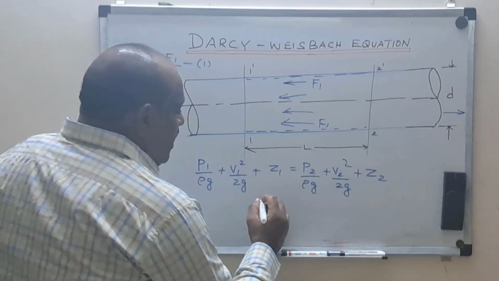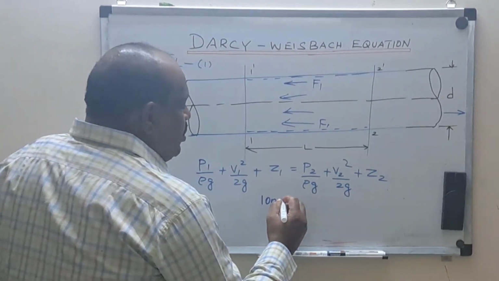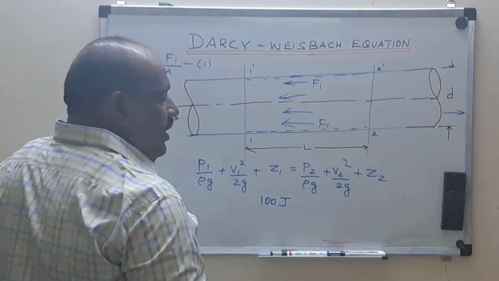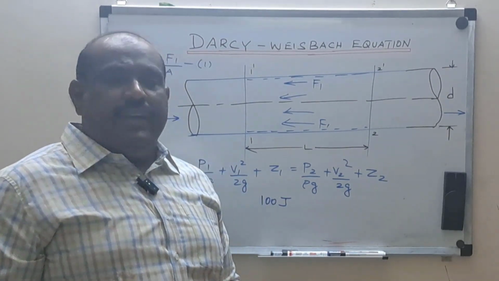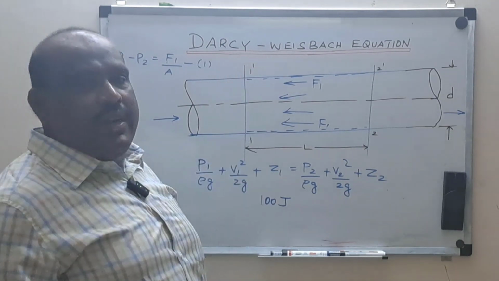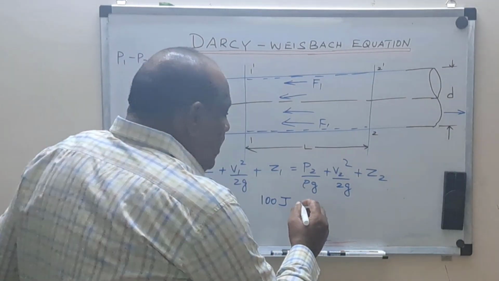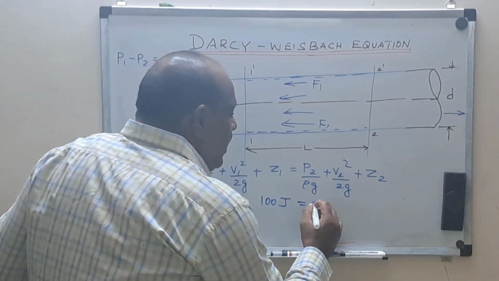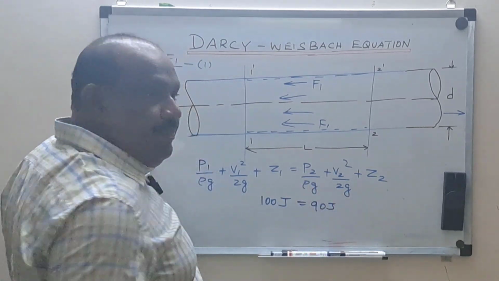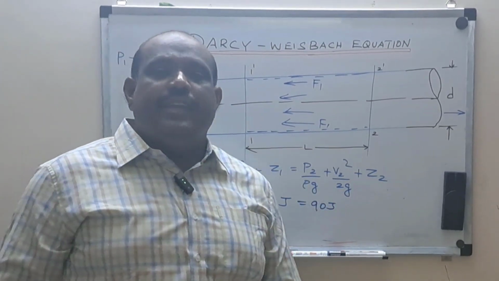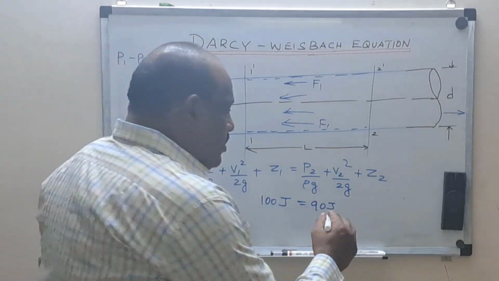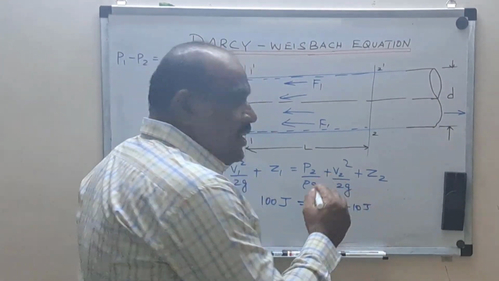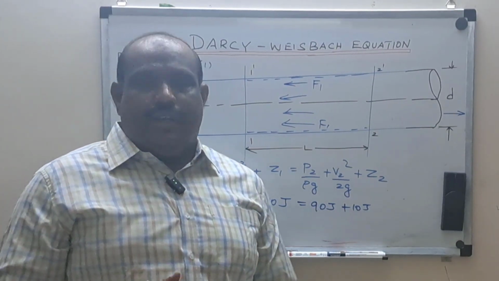If I supply some 100 joules of energy, I am not telling in terms of head, for your understanding I am telling in layman terms. Let the energy available at 1 1 dash be 100 joules. The energy available at 2 will not be 100 joules; let us say it is only 90 joules. Then what happened to the remaining 10 joules? The 10 joules have been lost because of friction. This is what we are going to find out.